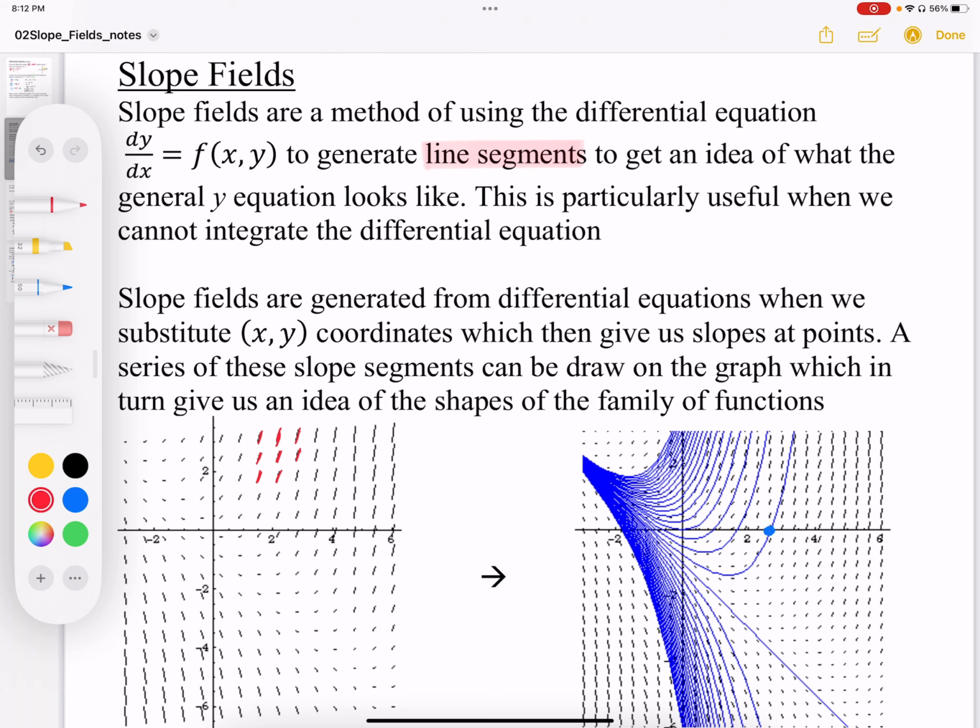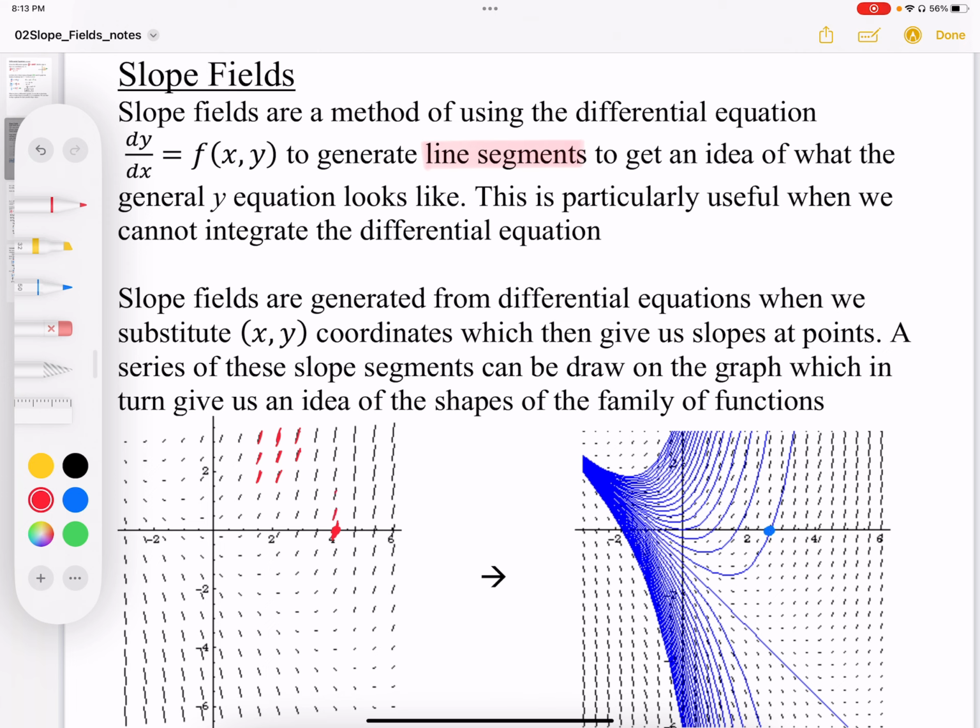So, for example, if I want to find the slope segment at 4, 0, I take the coordinate x is 4, y is 0. I plug it into my differential equation. It will tell me what the slope is. In this case, it looks like some steep slope there. And once I calculate it, I just draw it in.